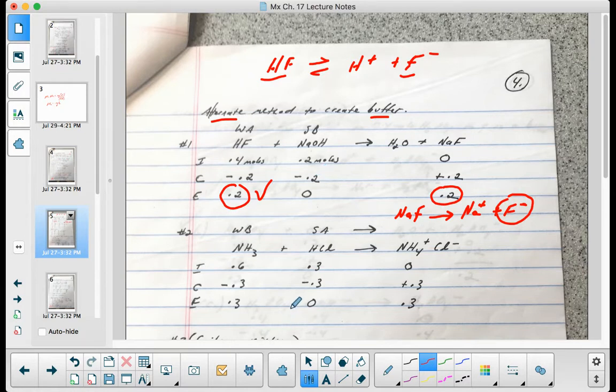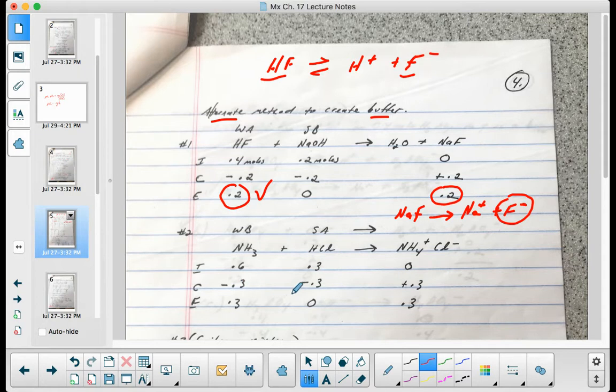So let's see if I had a weak base and a strong acid. The same thing again, as long as I have more of the weak species than the strong, it would work. All of the HCl will get used up because half of the NH3 will react with all the HCl, leaving you with 0.3 of the weak base. As that reacts, it's going to produce the conjugate acid of the weak base.